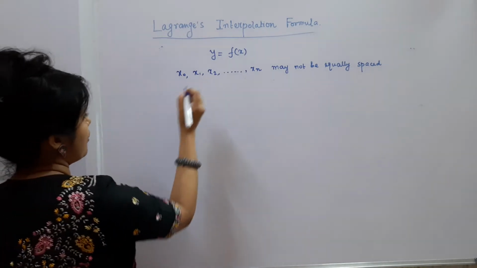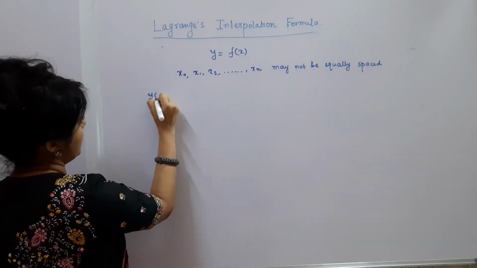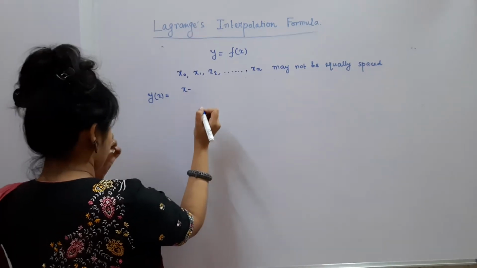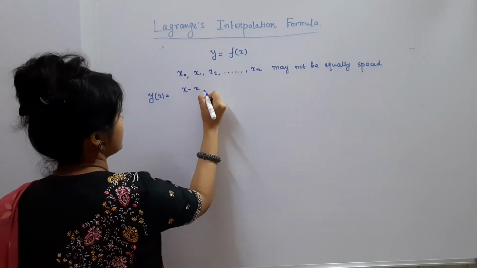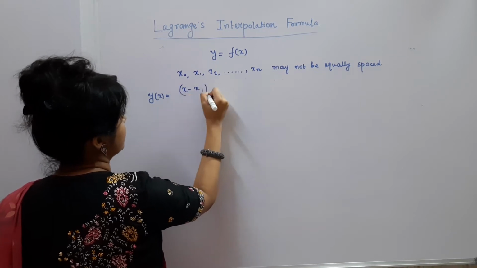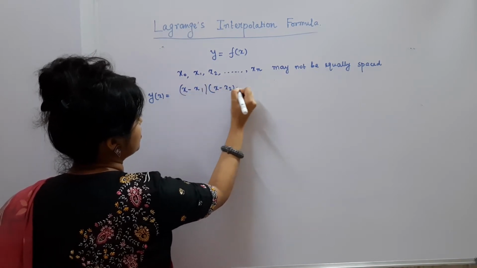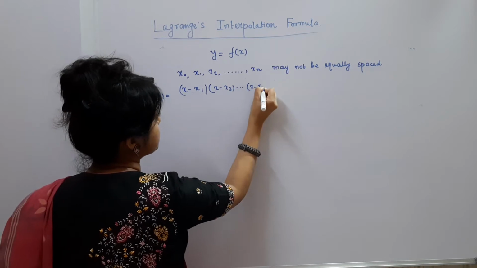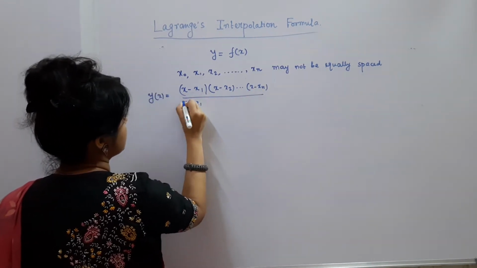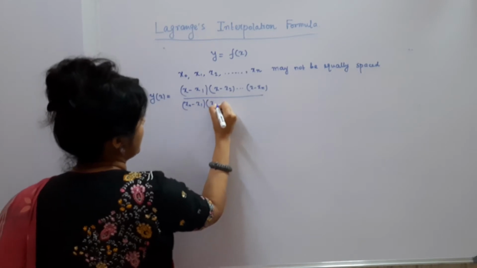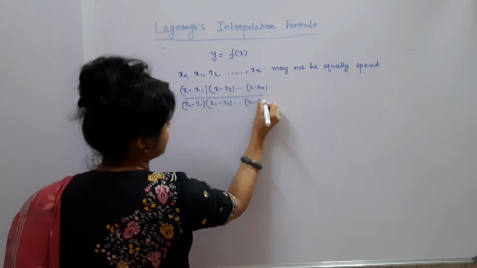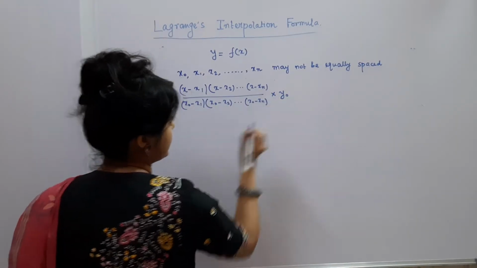Now according to Lagrange's interpolation formula, y(x) equals (x minus x1)(x minus x2) up to (x minus xn) divided by (x0 minus x1)(x0 minus x2) up to (x0 minus xn) into y0.